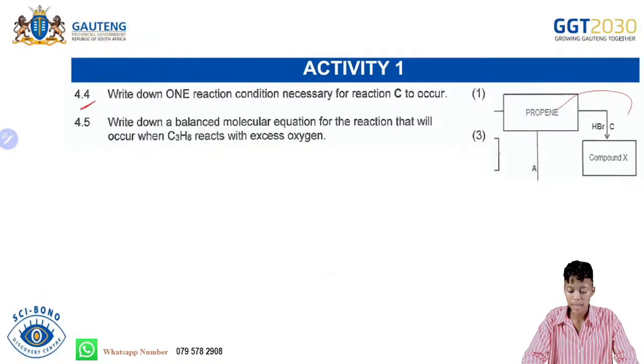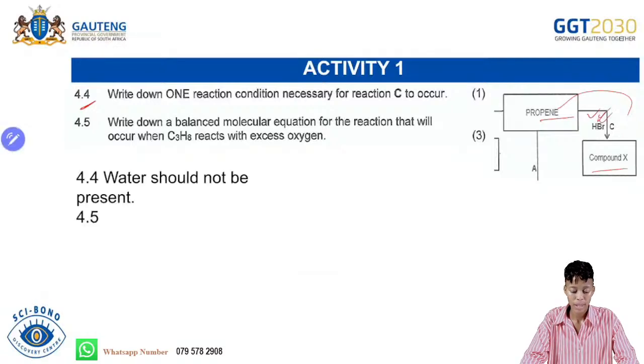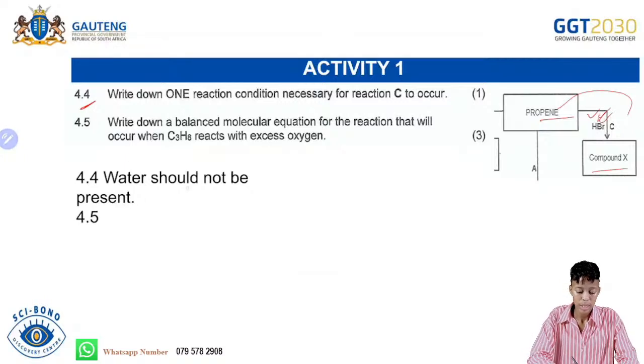So we said that when we move from propene, which is unsaturated, to compound X, which we said was saturated, the type of reaction was an addition reaction. So we said it is the addition of a hydrogen and a bromine. So what would be the reaction condition? And then it says here, water should not be present.